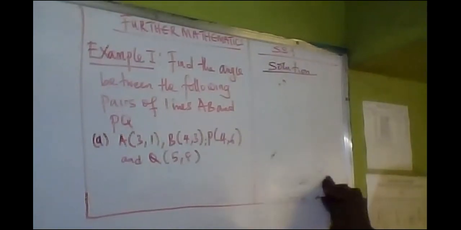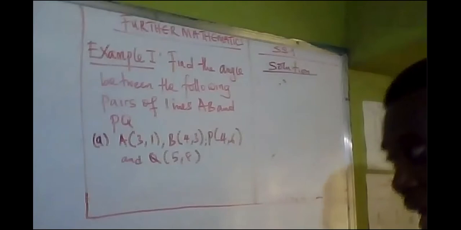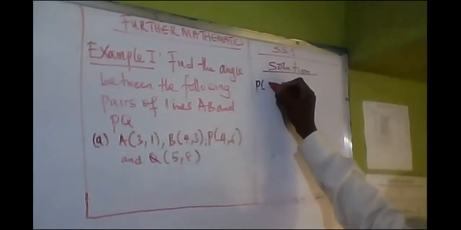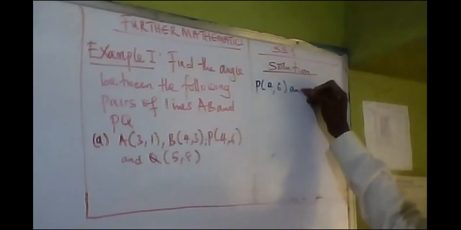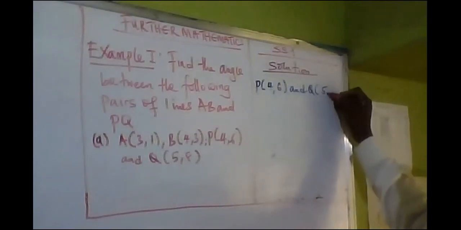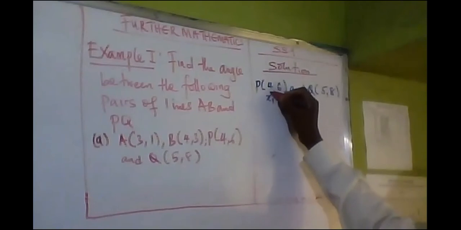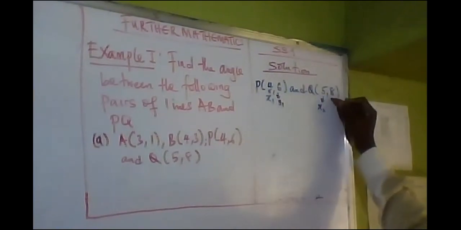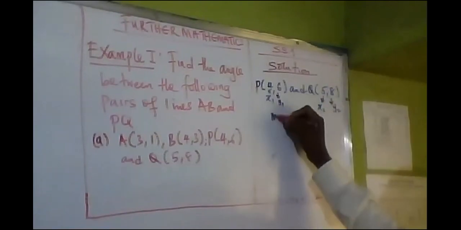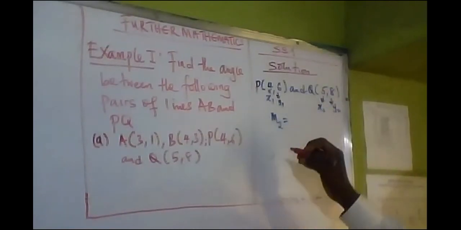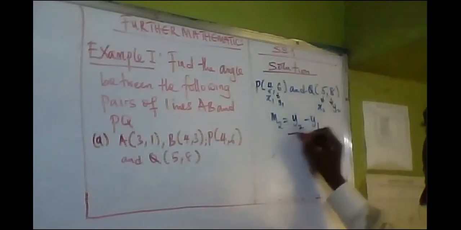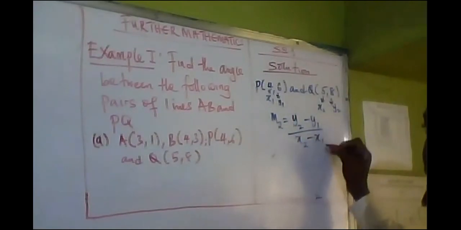That should give me the coordinates for P and Q. P is (4, 6) and Q is (5, 8). Still, this is your x1, y1, x2, y2. So gradient m2 is y2 minus y1 all over x2 minus x1.